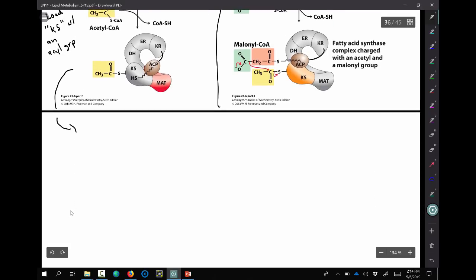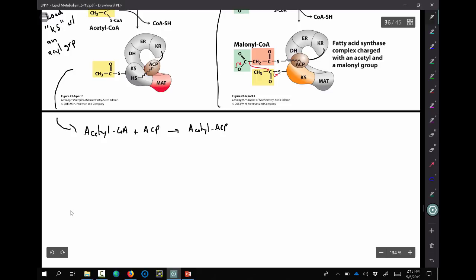Because in round 1, we're going to use that acetyl-CoA. So what it's going to do is this. It's going to take acetyl-CoA, and it's going to take that ACP, acyl carrier protein, and make what I'm going to call acetyl ACP.